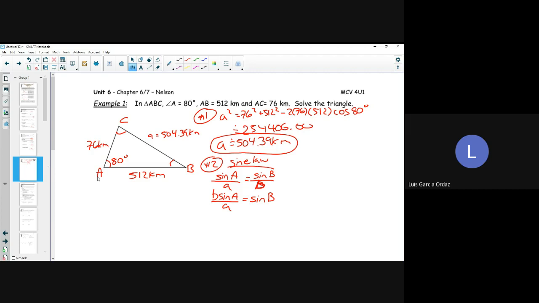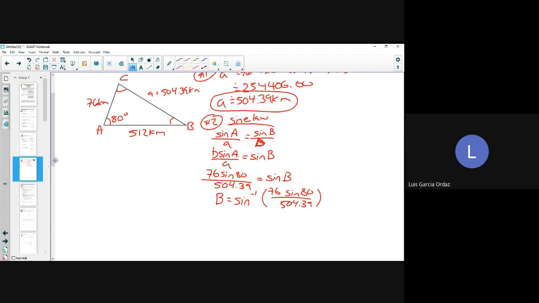So my side b is going to be 76 times sine of 80 divided by 504.39, is equal to sine B, which means that B is equal to sine inverse of 76 times sine of 80 over 504.39. Who can tell me what my angle is going to be for angle B?